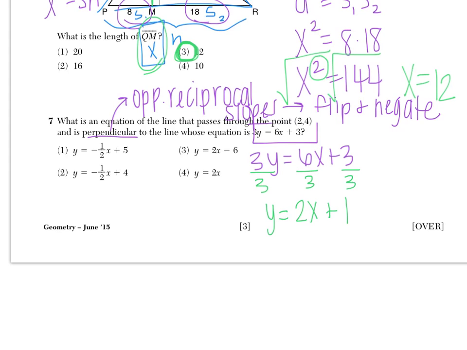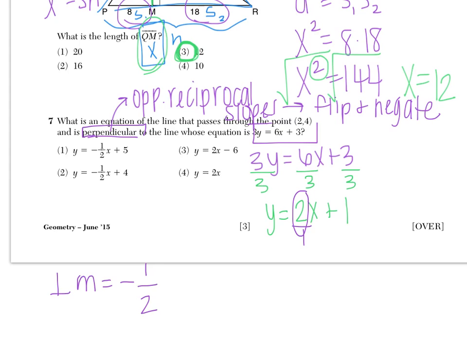I need to identify the slope here because we're working with slopes because we're trying to find a line that's perpendicular. So here's my slope, always with the linear term, the x. And so this is technically 2 over 1. And if I need to flip and negate it, then my perpendicular slope is going to be negative 1 over 2. Flip it upside down and negate it.